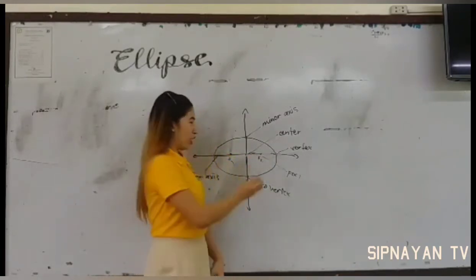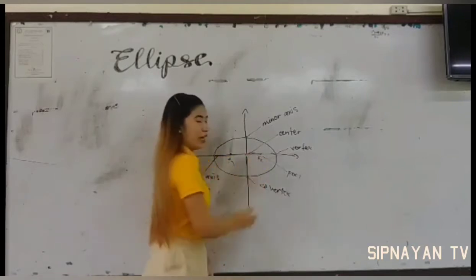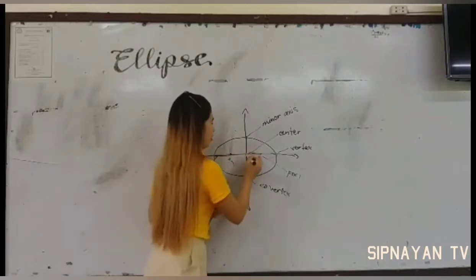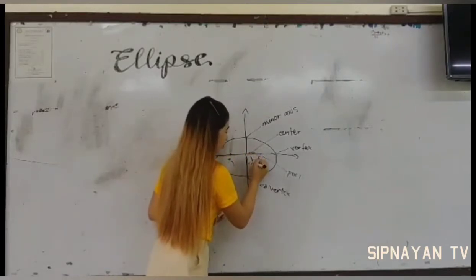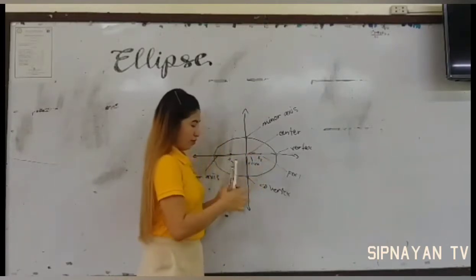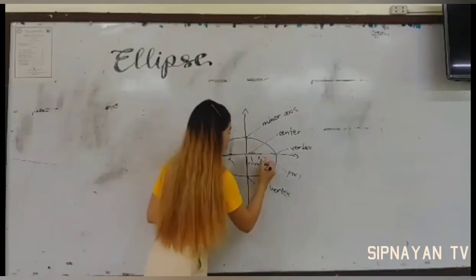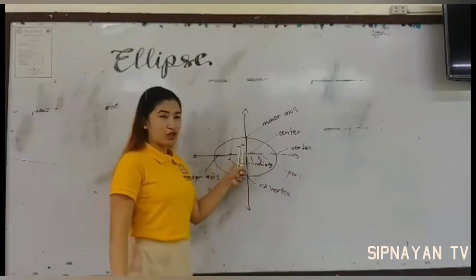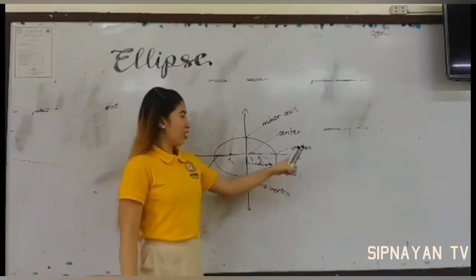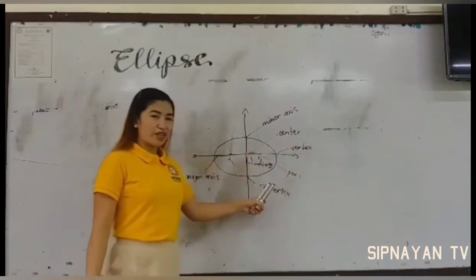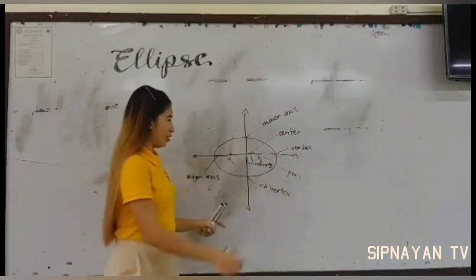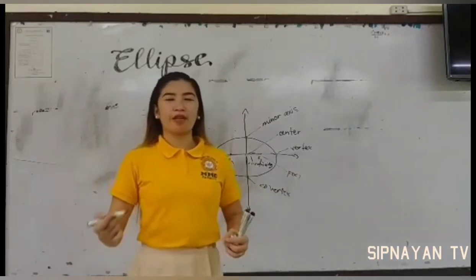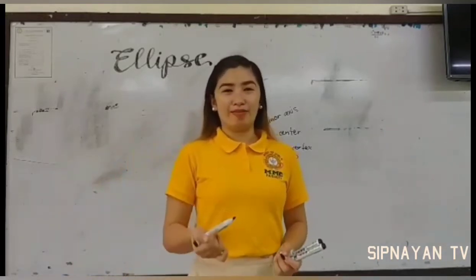Ibig sabihin po, itong line na to ay tinatawag natin eccentricity. So we have the center, foci, vertex, co-vertex, minor axis, and major axis. Those are the most important parts of an ellipse.